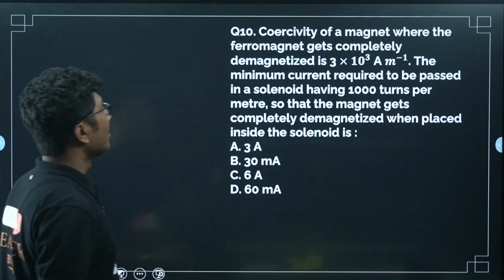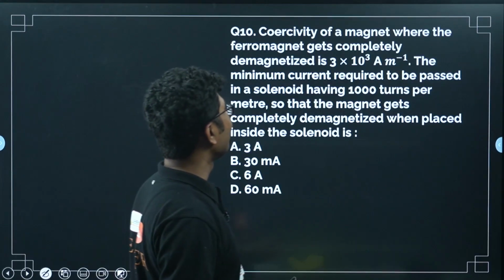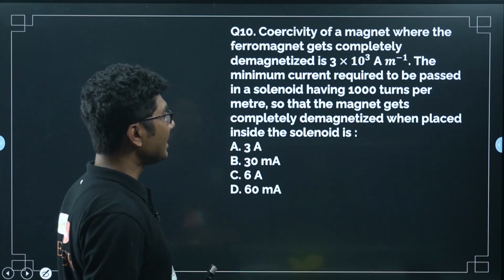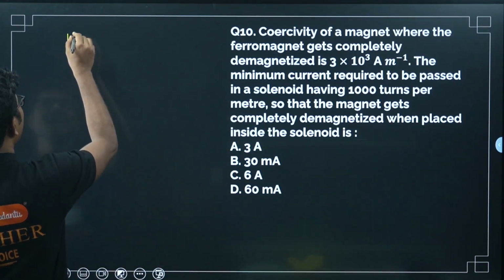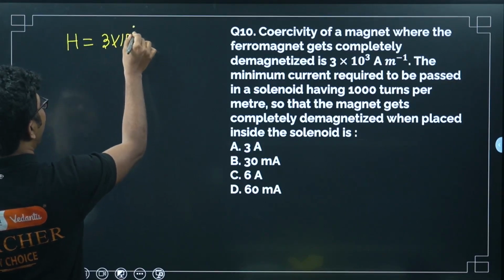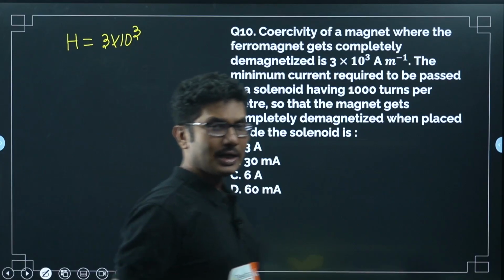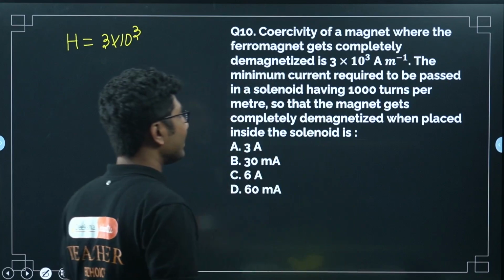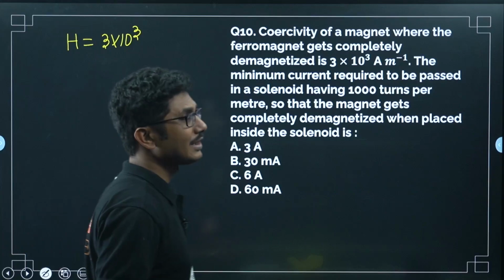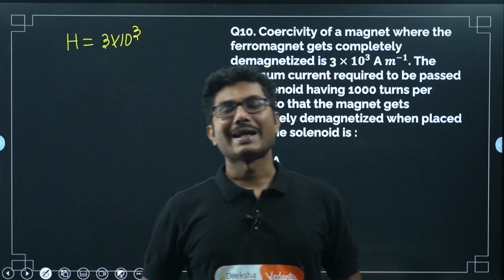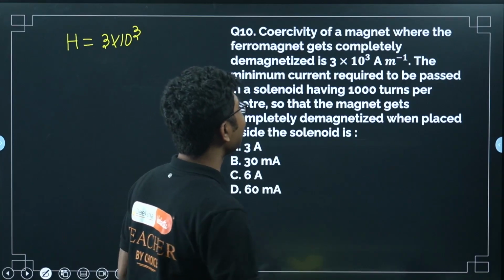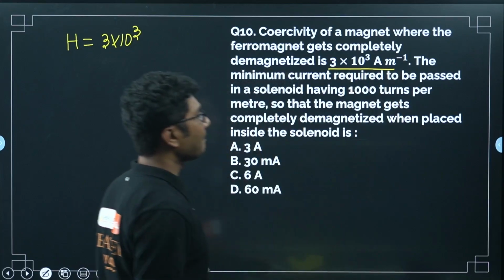Coercivity of a ferromagnet, where the magnet gets completely demagnetized, is 3 times 10 to the power of 3 ampere per meter. Now here coercivity is basically the magnetic intensity, that is the magnetic intensity required to demagnetize a magnet. Though coercivity is no longer part of the syllabus, they might ask this question in a different format, that the magnetic intensity required to demagnetize a magnet completely is given by 3 times 10 to the power of 3 ampere per meter.